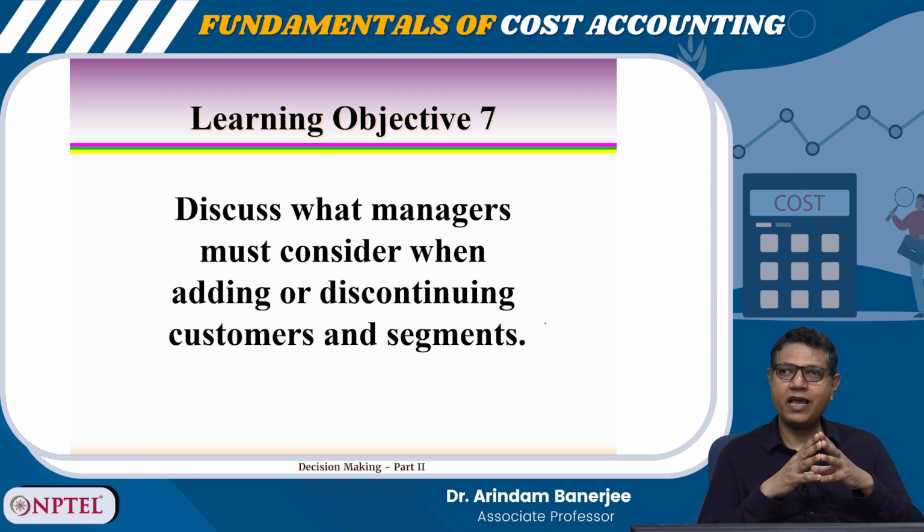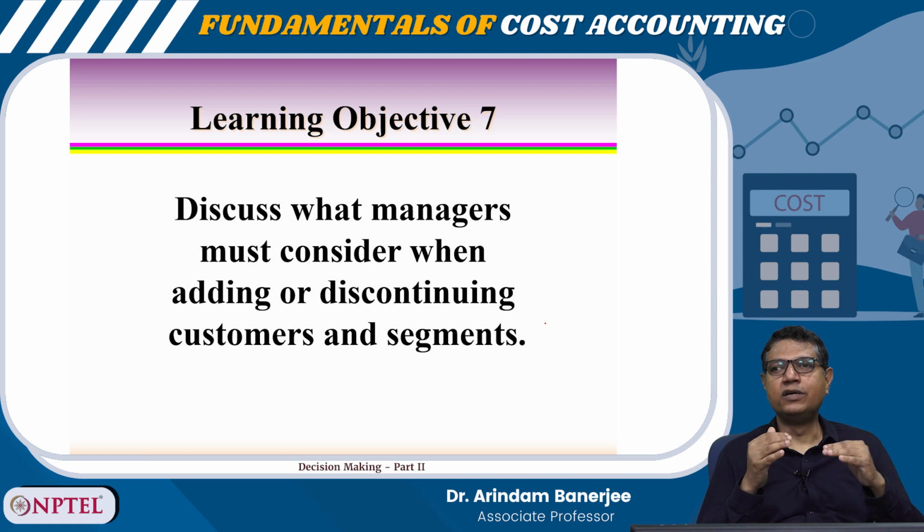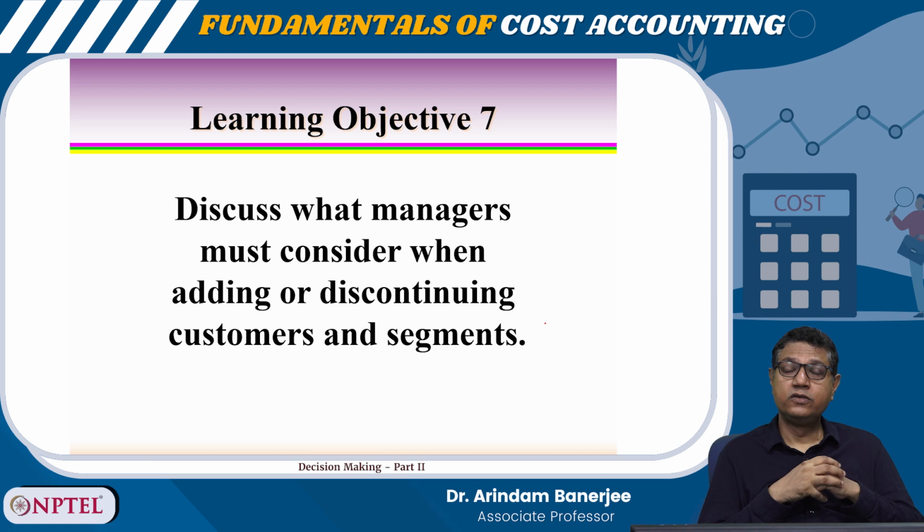In such a case, the cost per hour gets reduced. So this is a very, very important decision. Now, in the decision making process, I need to consider what are my relevant costs and what are the irrelevant costs.